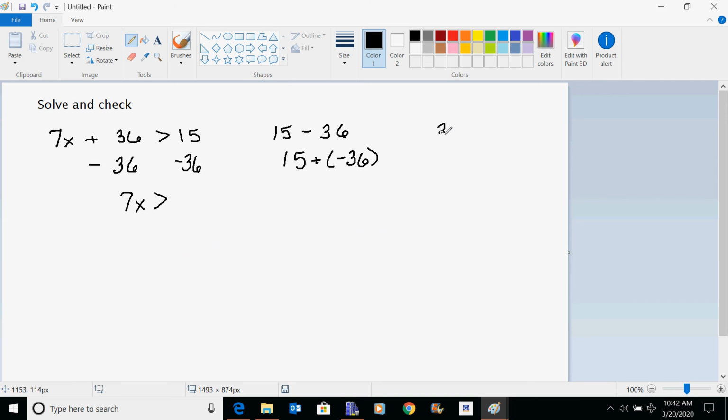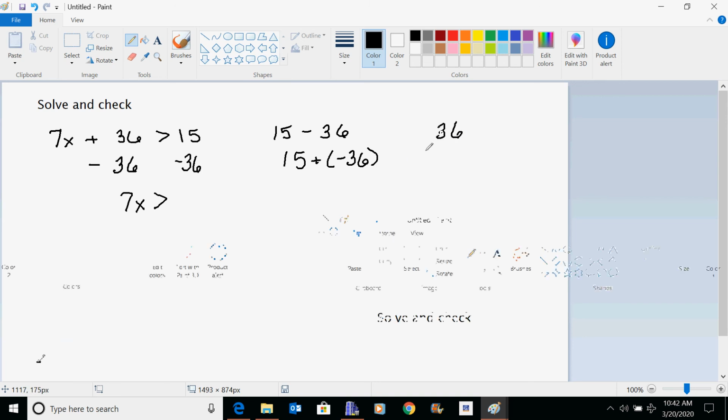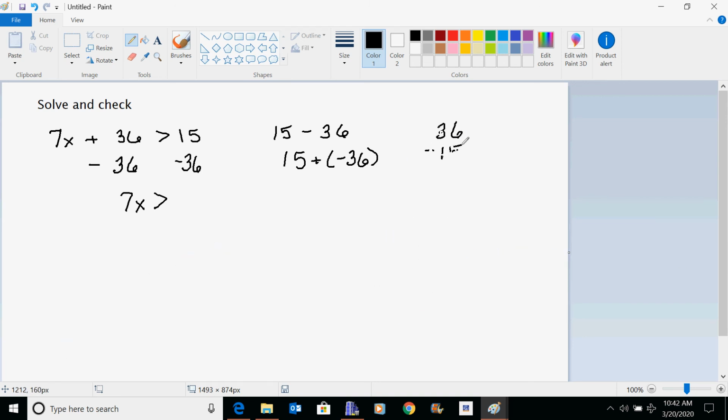From there we have 36 absolute value is bigger than 15, so we have to subtract. And that gives us a negative 21. So here's our negative 21. We're still trying to get x alone, so to undo the multiplication, we divide by 7. So x is greater than negative 3.